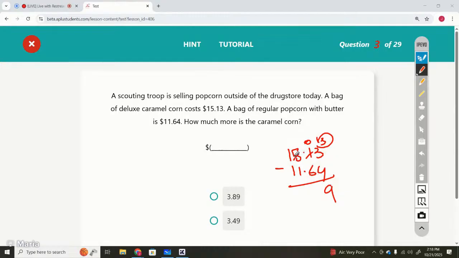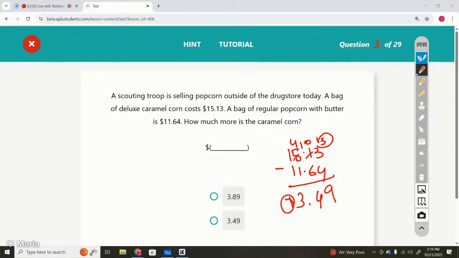We cannot subtract 0 out of 1, we need to borrow 1. 10 take away 6 is 4. 4 take away 1 is 3, and 1 take away 1 is 0.